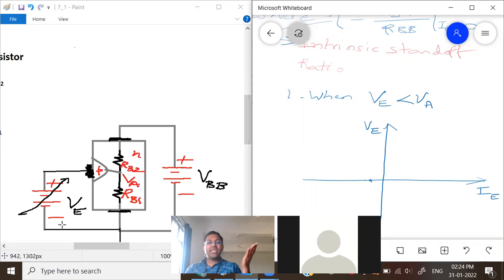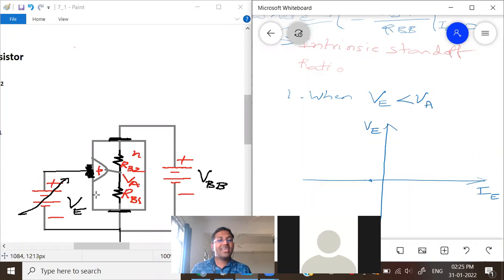When we gradually increase VE, this reverse bias is reduced. When the reverse bias is reduced, obviously the magnitude of the current also reduces. So it is like this. In reverse bias, leakage current is flowing.